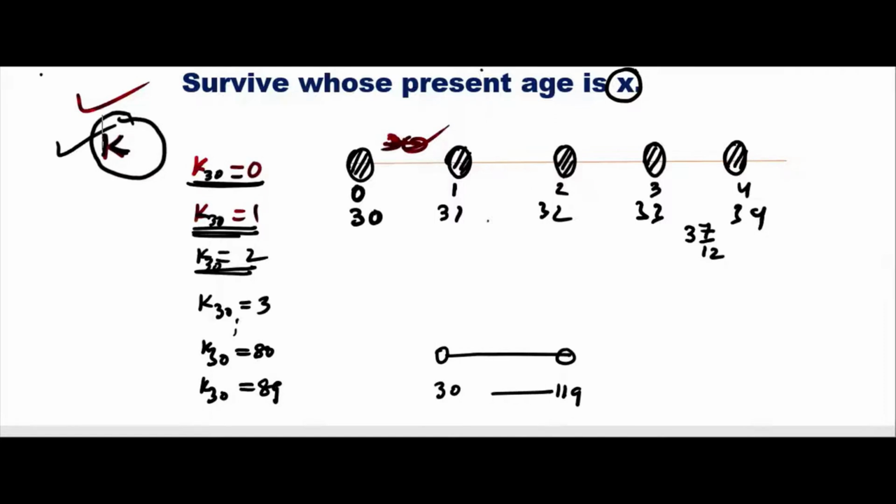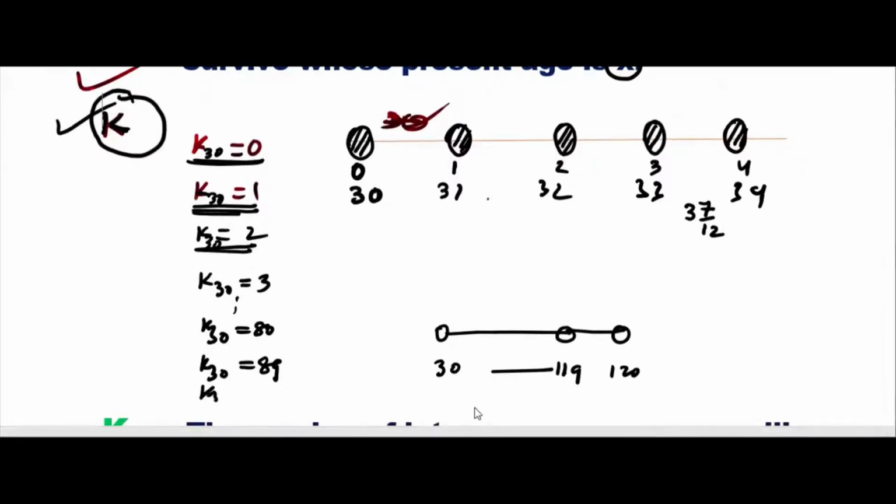Up to 120 we can do it, because in the actual table we have up to 120. So the maximum value of K30 will be 90. That means the person will die between 120 to 121 here. Here there is a 100% probability that this guy will die here. There is no way he can survive.